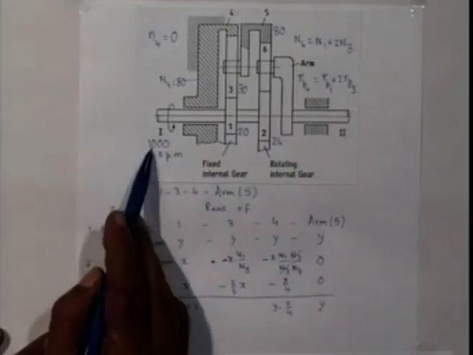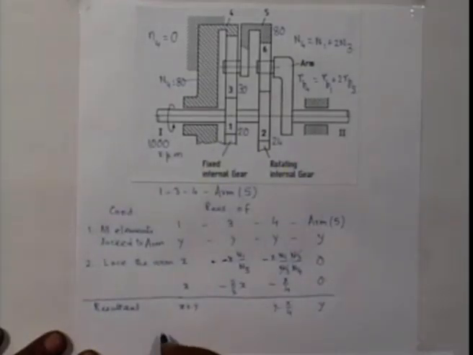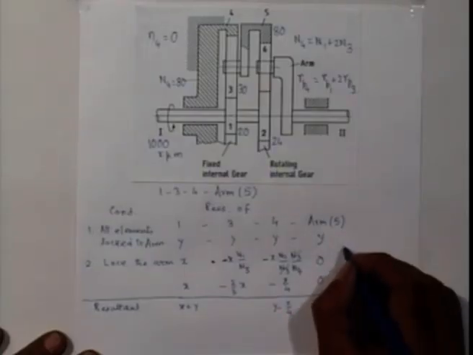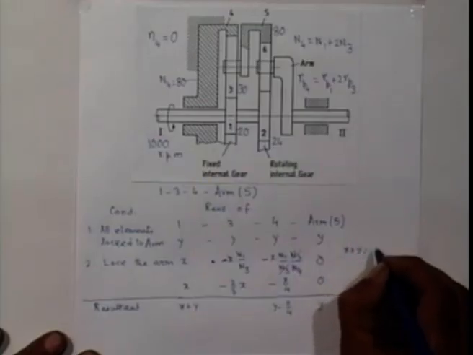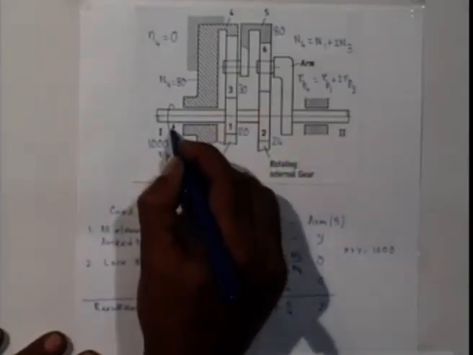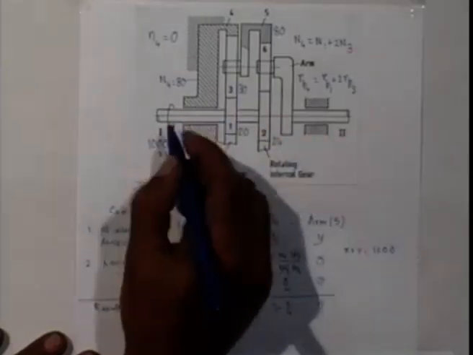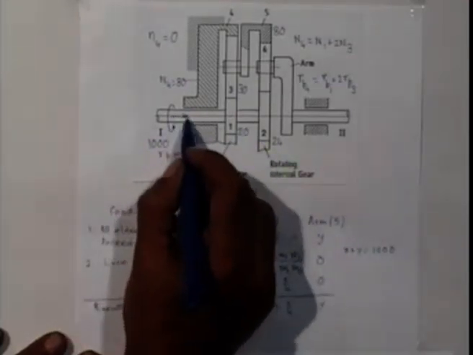Now input speed is given 1000 rpm, which is the speed of 1, that is x plus y. So I get x plus y is 1000. I am taking this direction as my positive direction, as the direction which is shown, which is counterclockwise. So this is the axis. This is the positive direction.